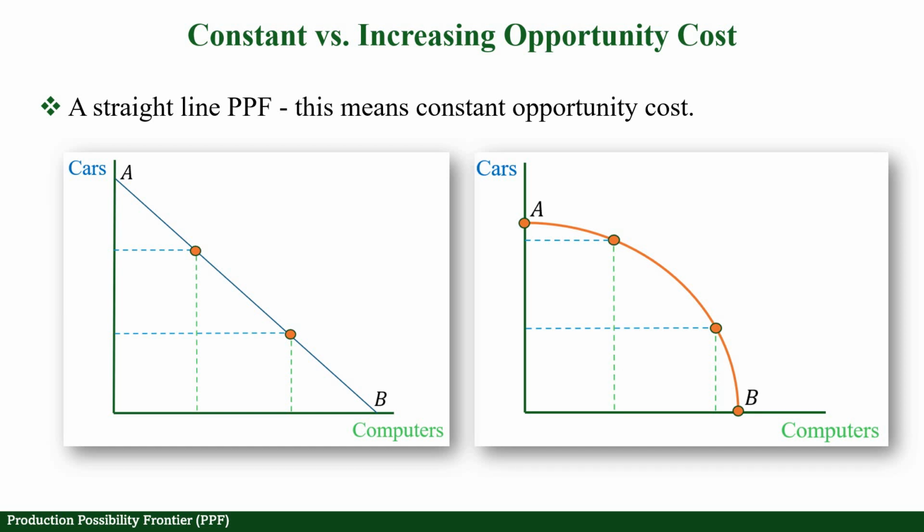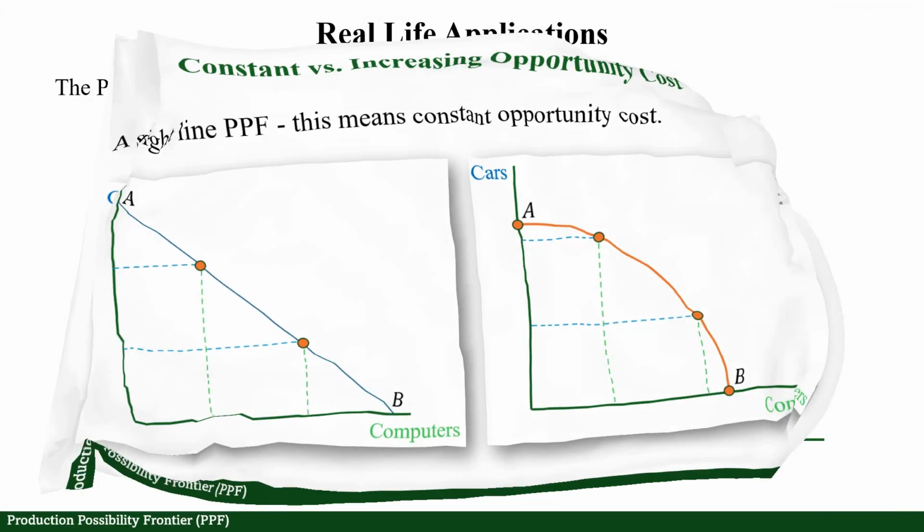So sometimes the PPF is a straight line, and sometimes it has curvature. More realistically, the PPF is bowed out due to increasing opportunity cost. As you produce more of one good, you have to sacrifice more and more of the other. This reflects the real idea that not all resources are equally adaptable.